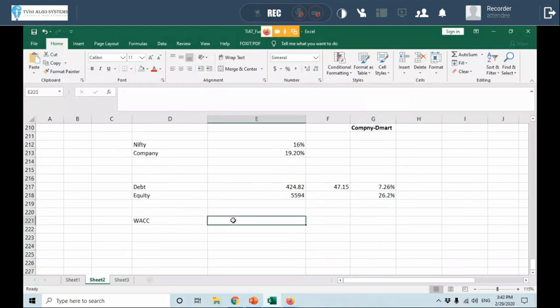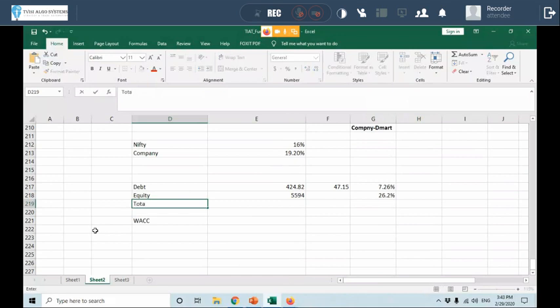What is my cost of debt? 7.26. Now I will do a weighted average, because I have two capitals: one is 424 from debt and 5594 from equity. So I need to give weightage to debt and equity both. The amounts are not similar, that's why I will give weightage. What is total capital? It is equity plus debt.